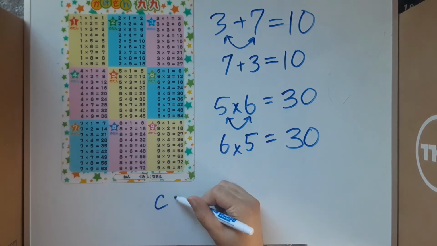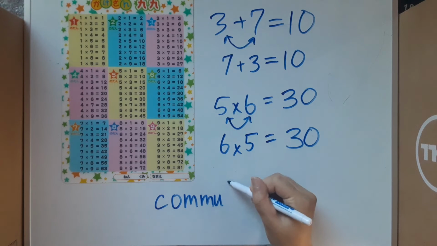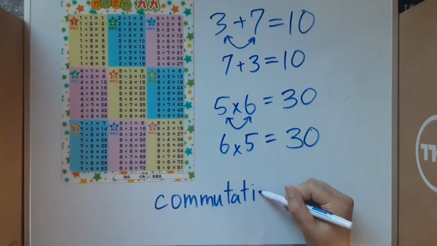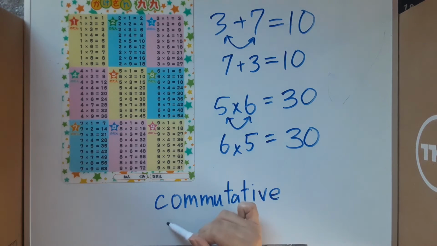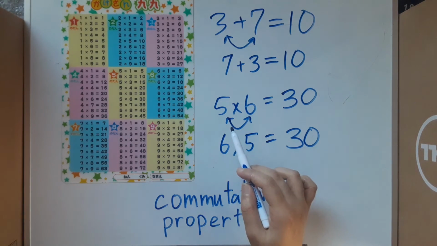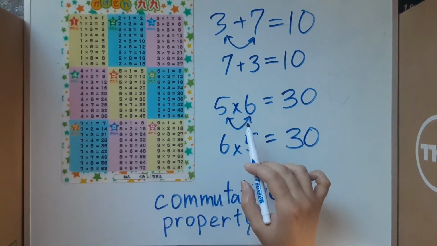C O M M U T A T I V E P R O P E R T Y. The commutative property states that in addition and multiplication, it doesn't matter what order your numbers are in, as long as they're being added or multiplied by each other.